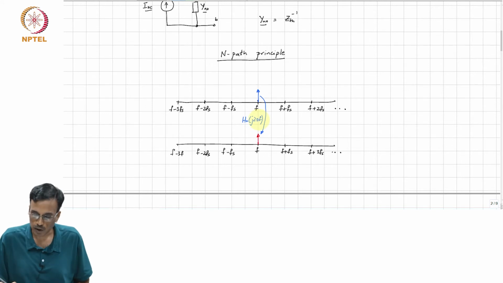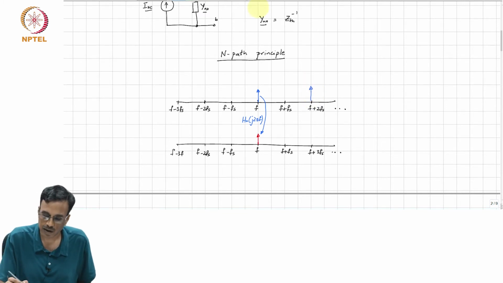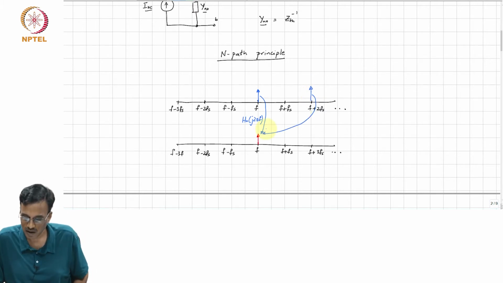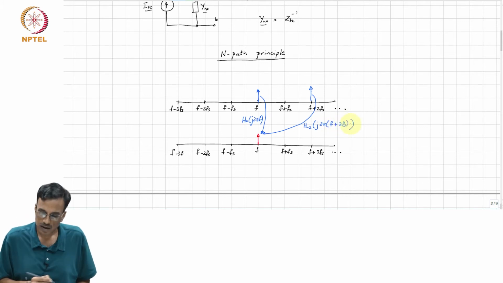right. It could, for instance, be coming from another frequency, for instance, a tone at f plus 2fs will also have some contribution to the output tone at f, but with a gain h minus 2 of j2 pi (f plus 2fs), right.